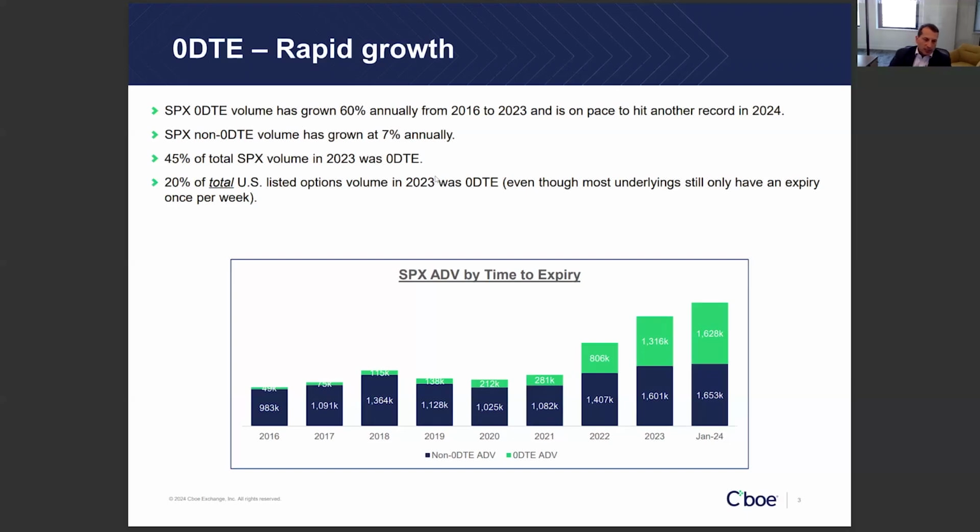That stands out because only a small handful of symbols list options every day of the week. Most underlyings, and there are thousands of optionable underlyings, still only have that Friday expiration. But even so, 20% of total listed options volume was 0DTE last year.